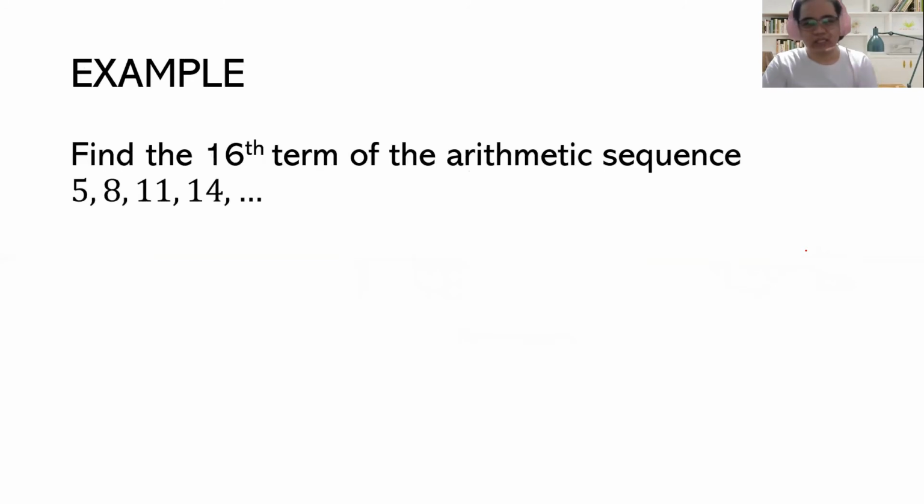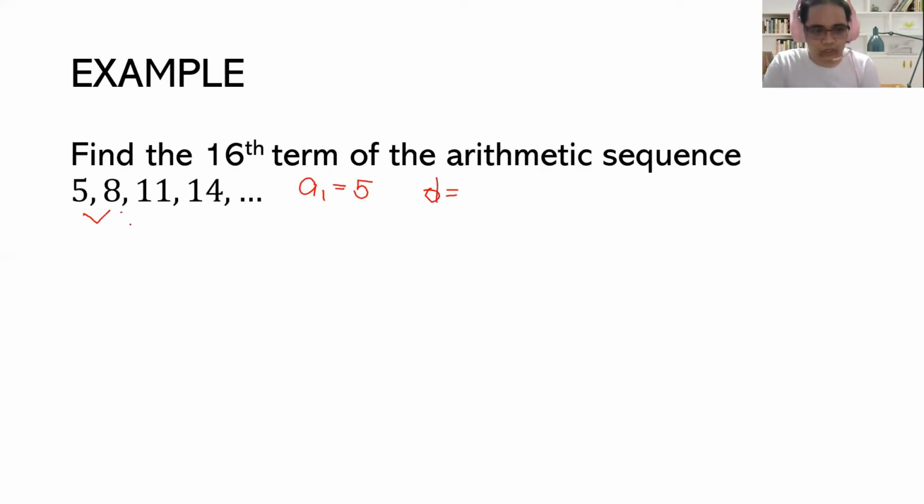Okay, so let's have an example. Find the 16th term of an arithmetic sequence 5, 8, 11, 14, and so on and so forth. So, ang kailangan nyo lang sa formula, you have A sub 1 or the first term. So, dito ang first term is 5. Then, you also need the common difference. So, saan mo makita yung common difference?